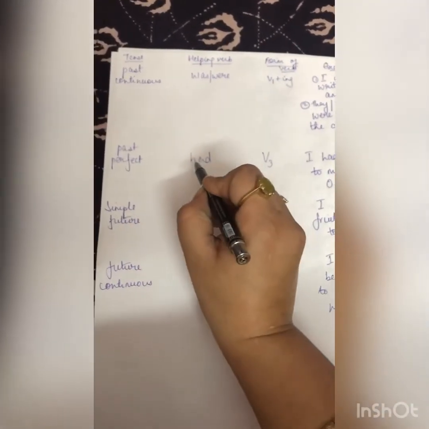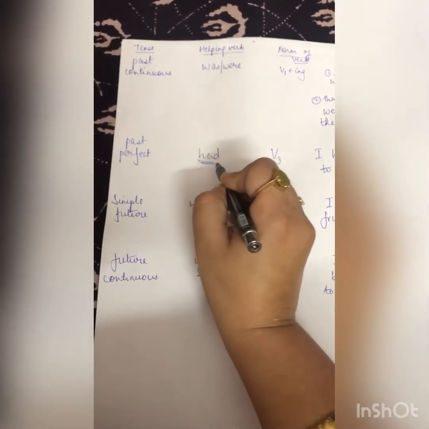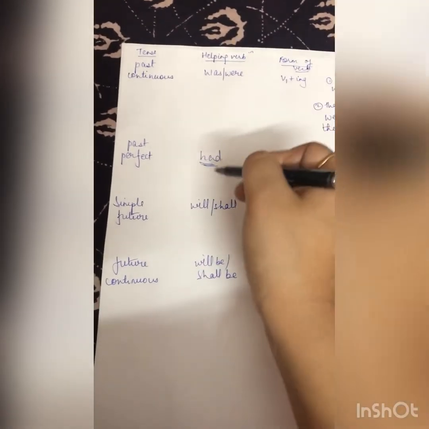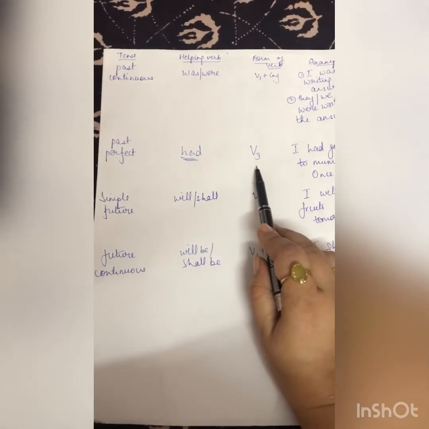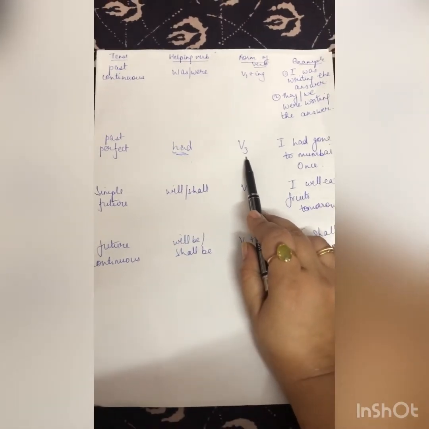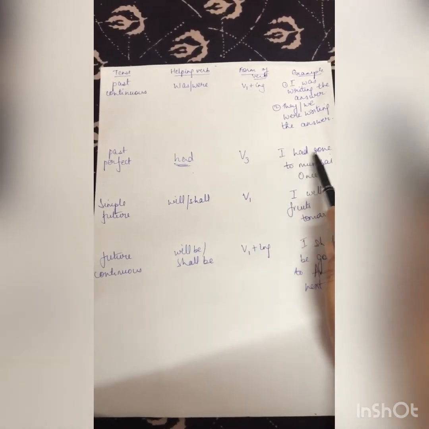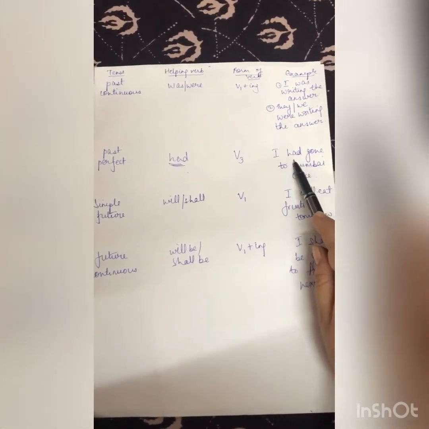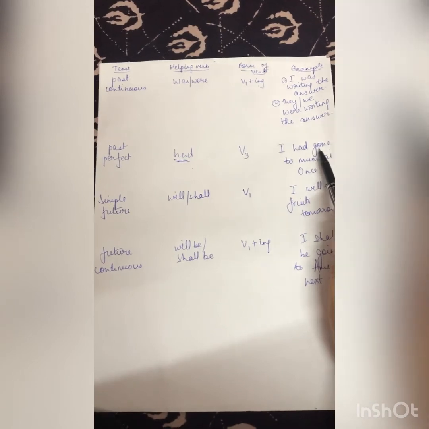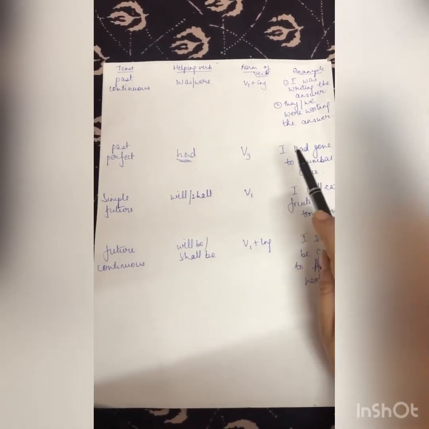So in past perfect, children, had is always constant. It has to be there no matter what. So had plus third form of verb, that is also the past participle form of the verb. For example, I had gone to Mumbai once. So had is constant and third form of go, gone, to Mumbai once.